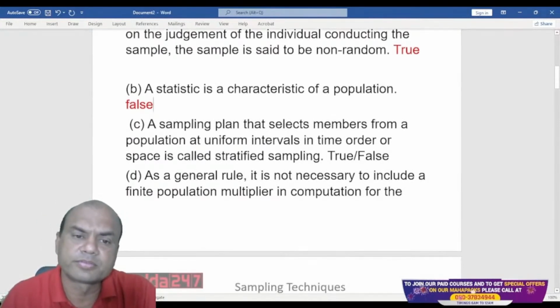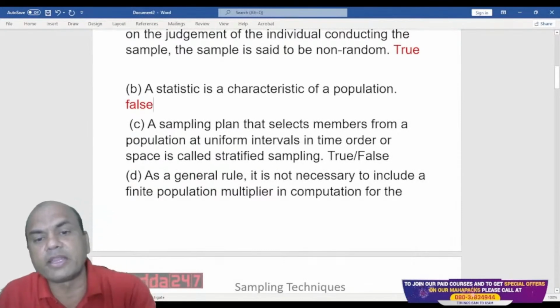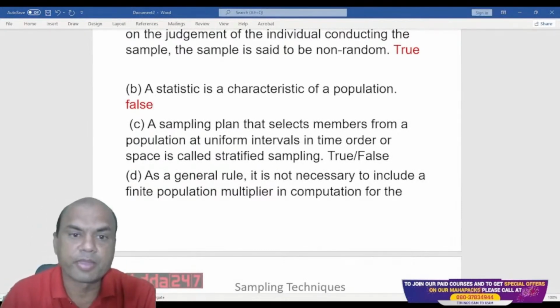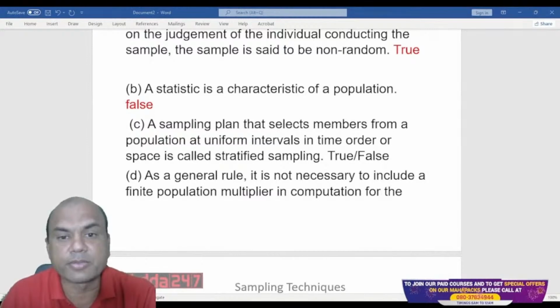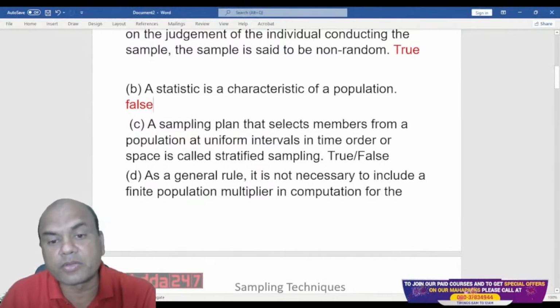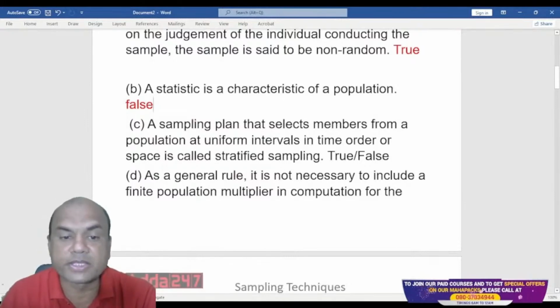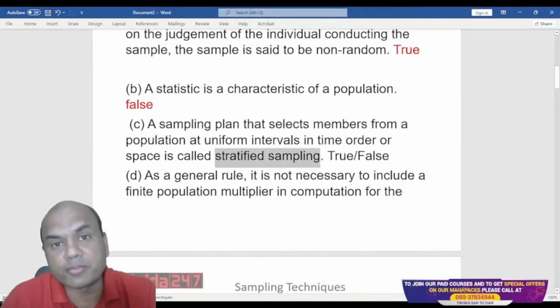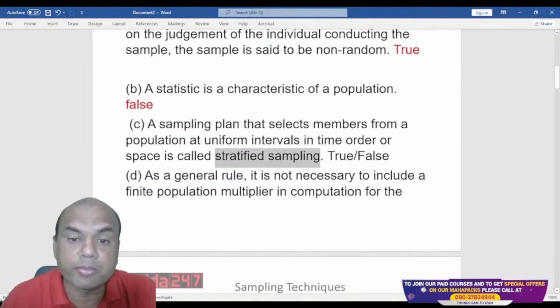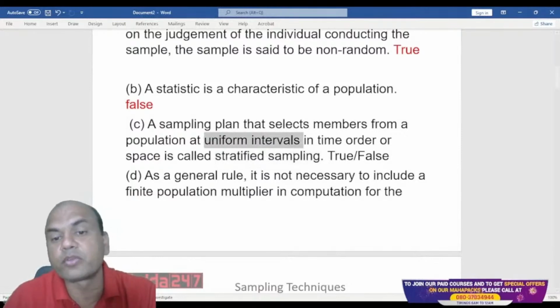A sampling plan that selects members from a population at uniform intervals in time order or space is called stratified sampling. Uniform intervals, this is an important word over here.